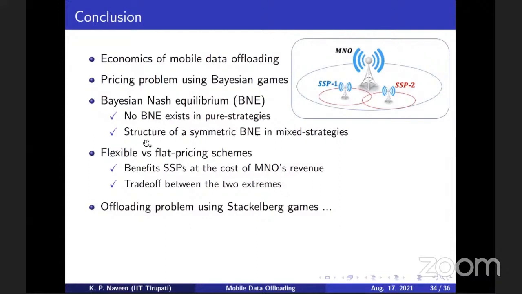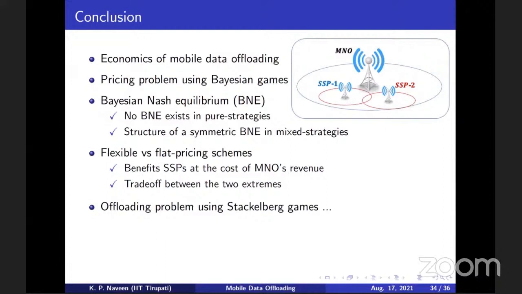And we did a comparison between flexible and flat pricing schemes. The takeaway there was that it's going to benefit the SSP, okay, but at the cost of the MNO's revenue. Okay, that means there is some kind of trade-off involved here, and we want to also study jointly this offloading problem using the framework of Stackelberg game.